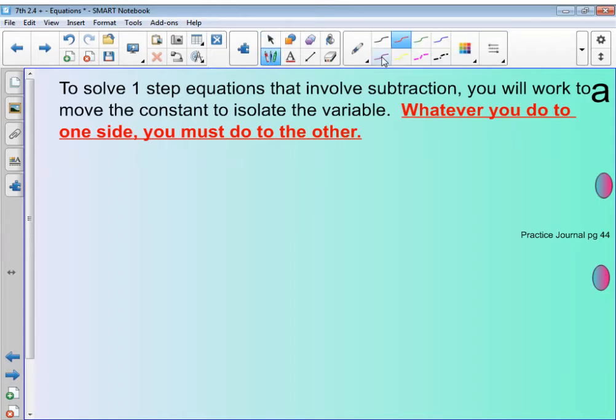So let's say I have 20 minus Z equals, let's do a negative 44 here. Okay, so if we work through the opposite, let's isolate this. So right now I have a positive 20 on that side.